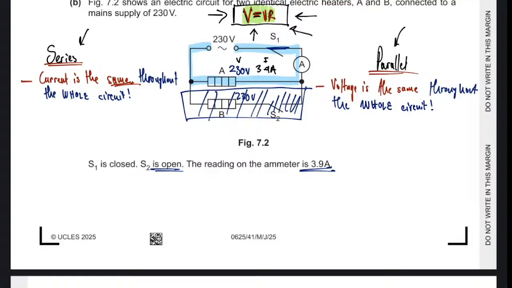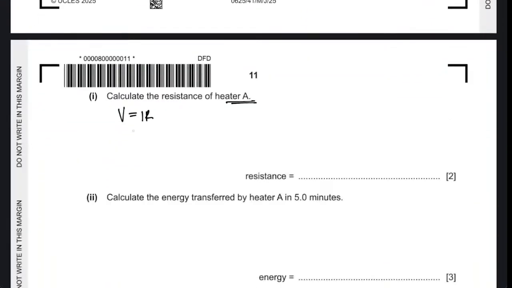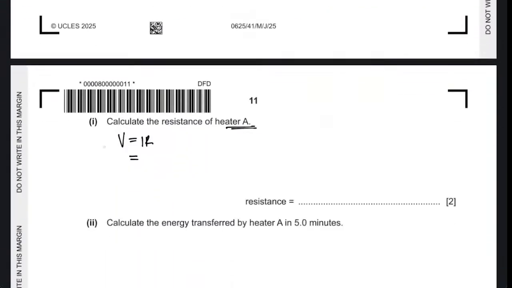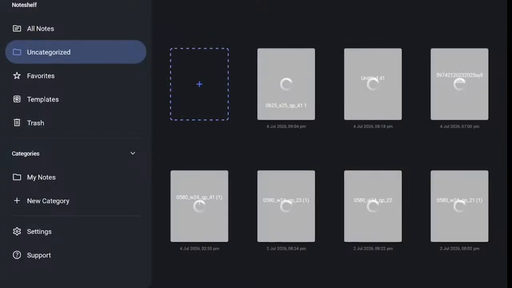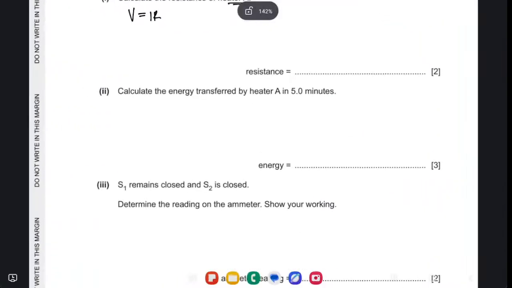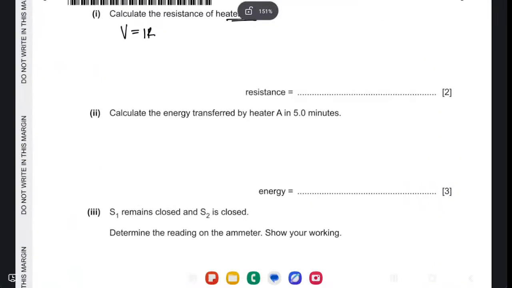So here we write, okay, V is IR. What is our V? We know it's 230 volts. Since they want resistance, you can make R the subject by taking I to the other side.